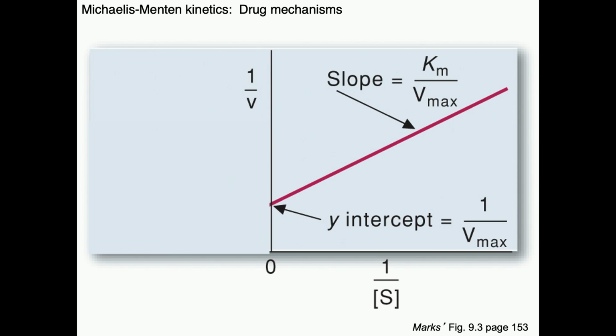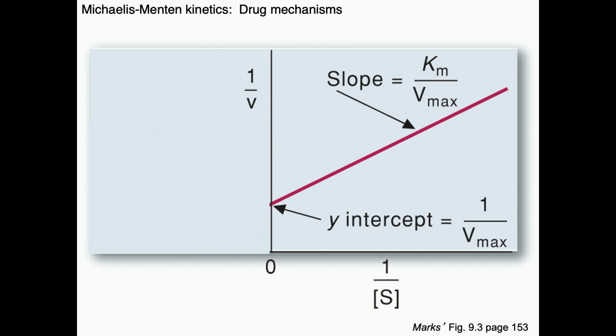So the x-axis here isn't substrate concentration, it's 1 over substrate concentration. The y-axis is 1 over velocity. So you can still calculate the Vmax and the Km with the Lineweaver-Burk transformation. The 1 over Vmax is going to be the intercept of the y-axis.